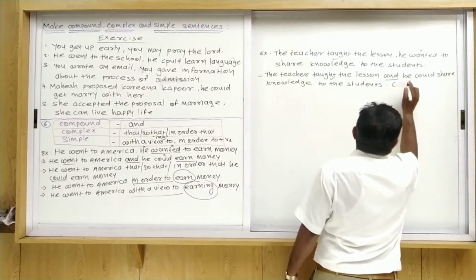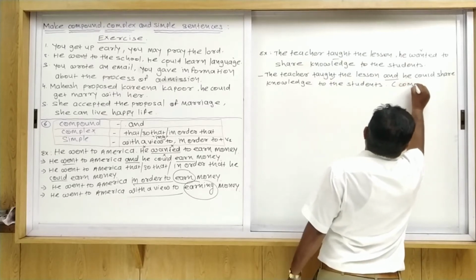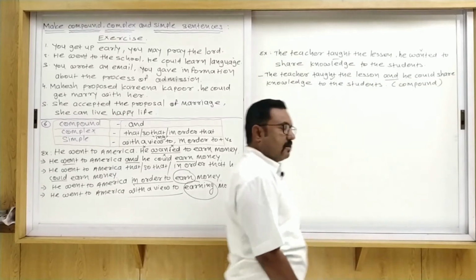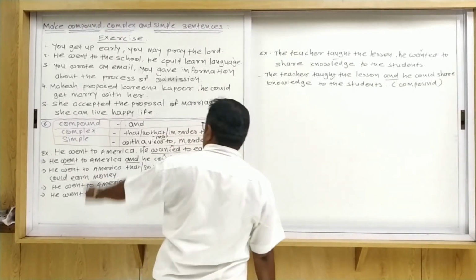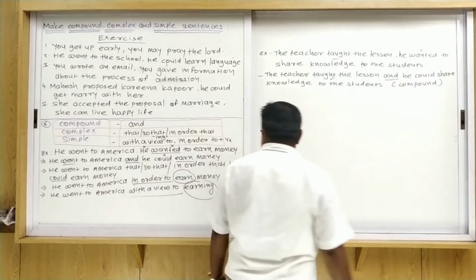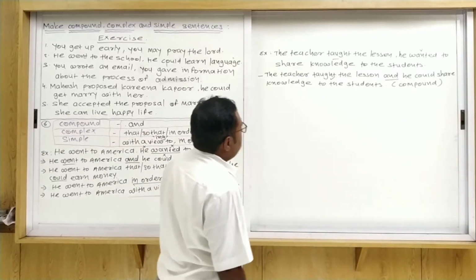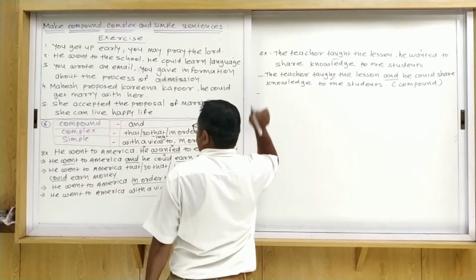This is a compound sentence. Now we are going to use a complex sentence. In a complex sentence we can use that, so that, and in order that.